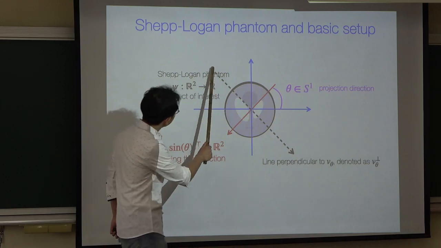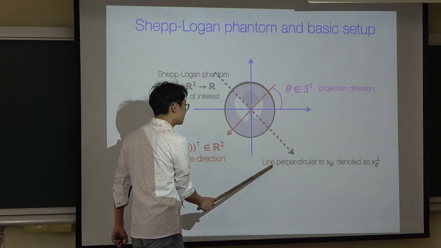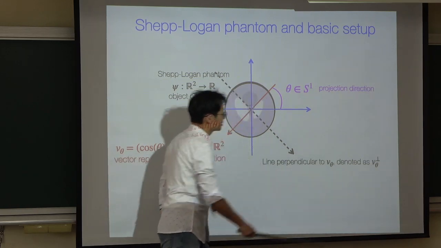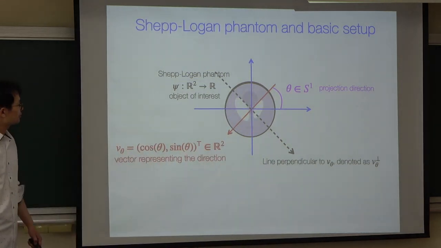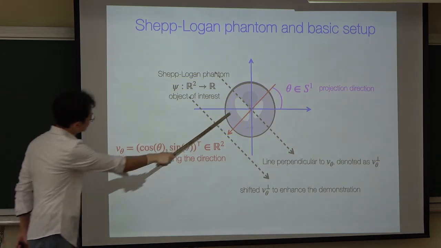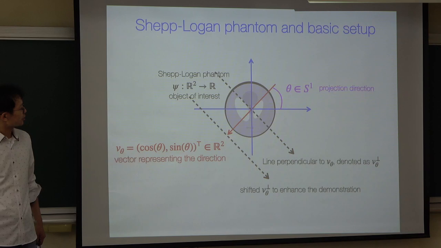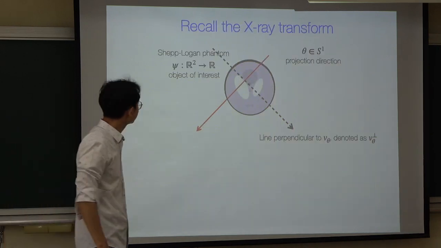This dashed line is the line perpendicular to mu theta. Sometimes we denote it as v theta perpendicular, and we can shift it here so that we can better visualize what we want to demonstrate.